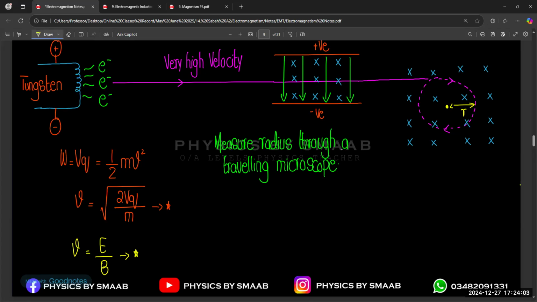Again, we have the same idea. The centripetal force is equal to the force due to the magnetic field, and it will be equal to mv square over r is equal to qvB.